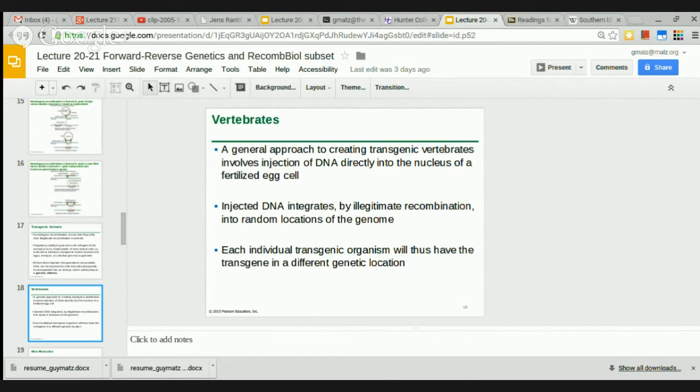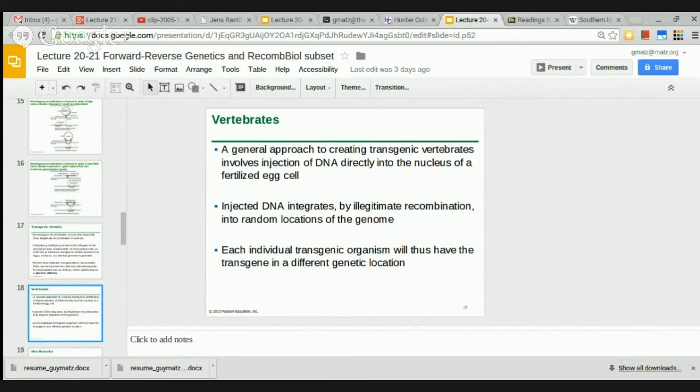The thing is that each fertilized egg is going to have that gene in a different place. So each transgenic animal is different in that the gene that you've given it is the same, but where it's integrated is different. And why would that matter? Think of chromatin.